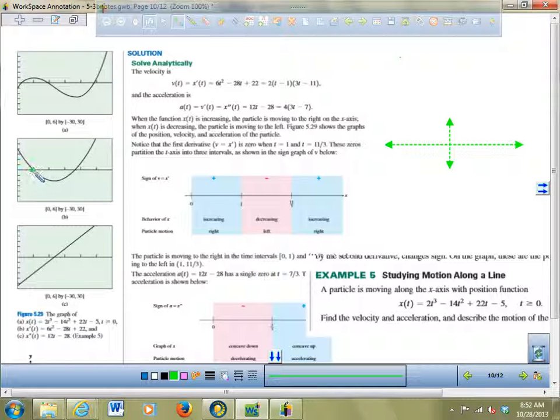What does this represent right here? What's the particle doing at these 2 points? Changing directions. Okay? These are direction changes. What would this represent right here? The minimum of my velocity function, where the velocity is getting negative, more negative, more negative, but then it starts getting less negative.